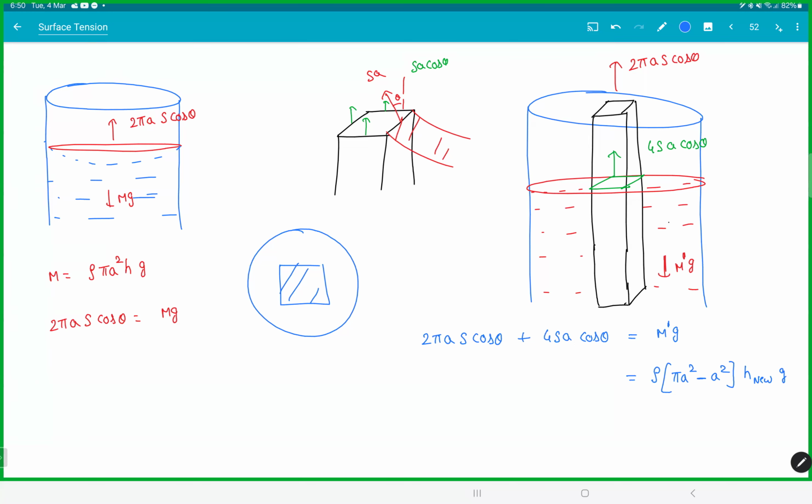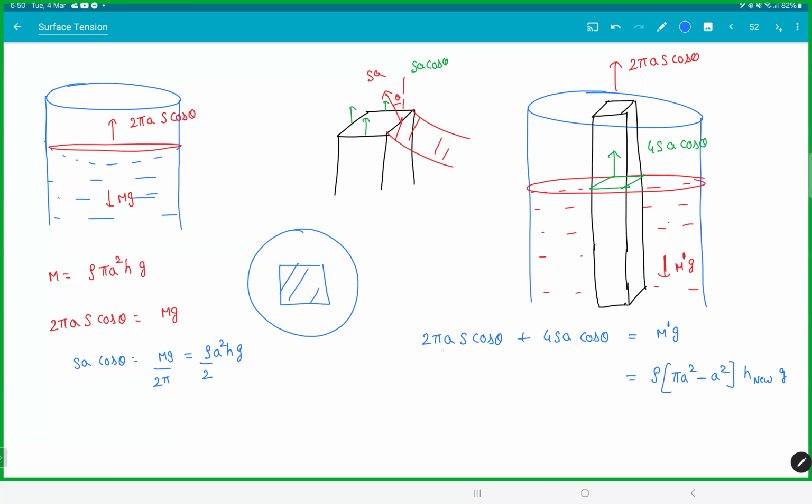Perfect. So yeah, let's substitute. So from here, you can take SA cos theta. So SA cos theta is m g by 2 pi, m g is rho times pi a square minus a square, h g. By 2 pi, perfect.